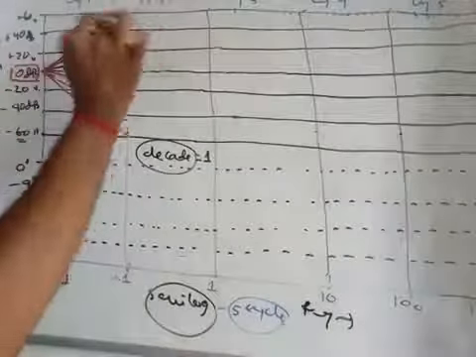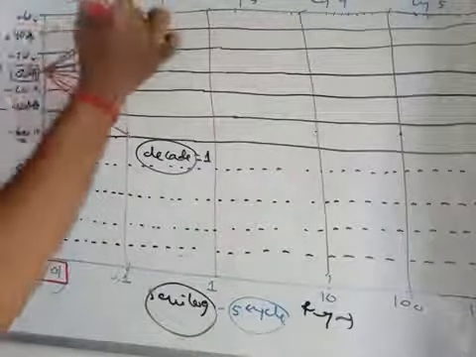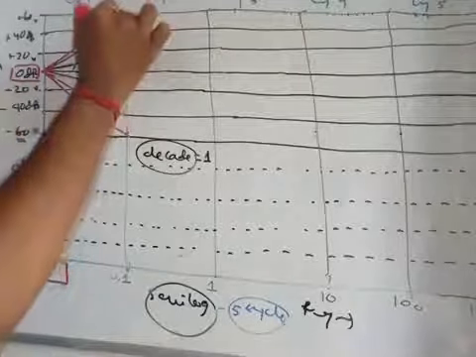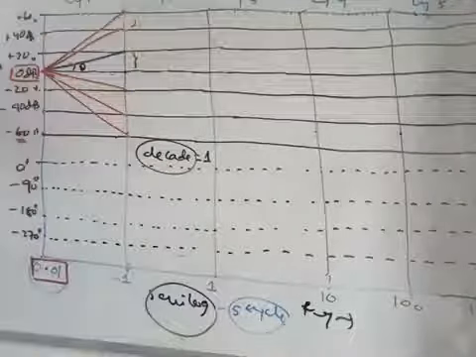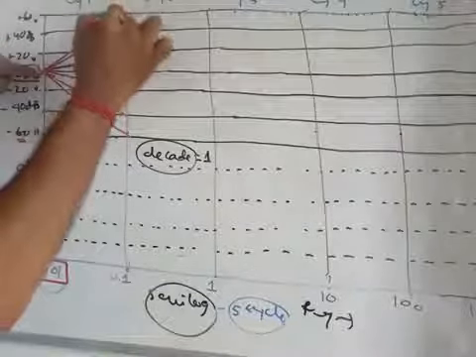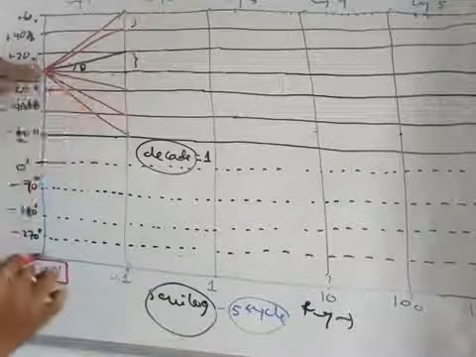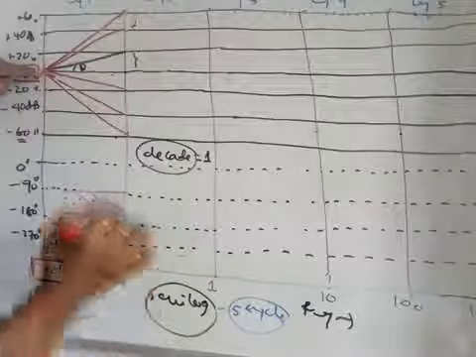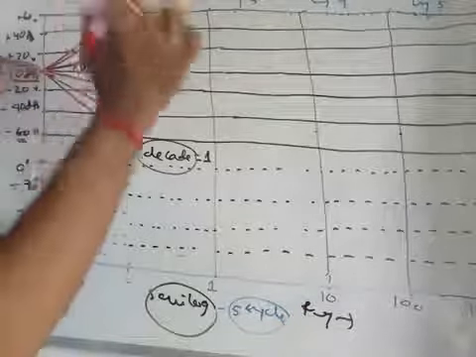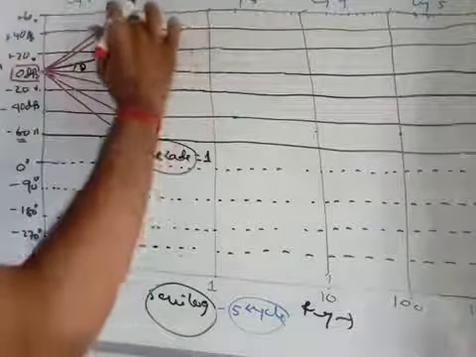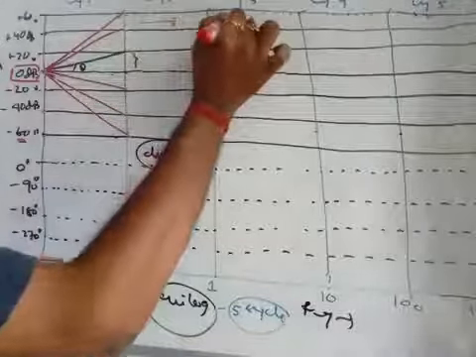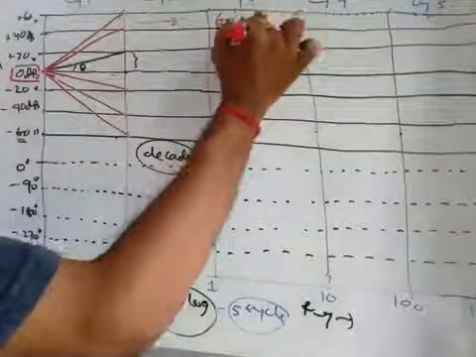If this slope is positive, that means plus 40 dB. So this is 0 dB to plus 60 dB. So 0 dB at this frequency, and at this frequency the magnitude is 60 dB. So what is the change of magnitude? 60 dB. So 60 dB is the change of magnitude by change of frequency.